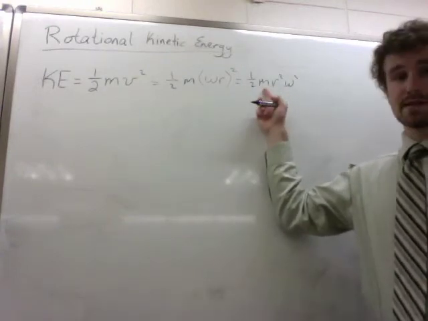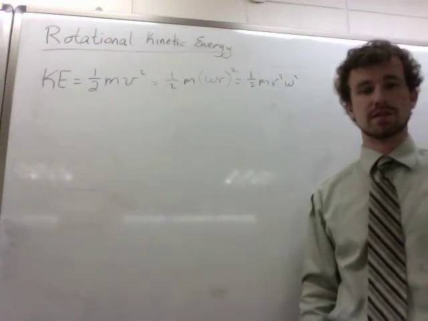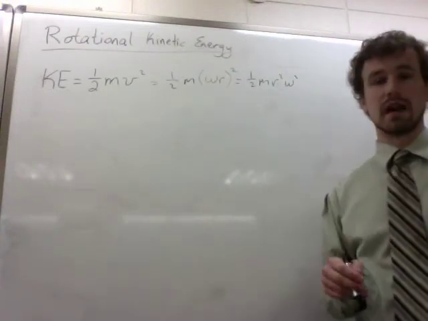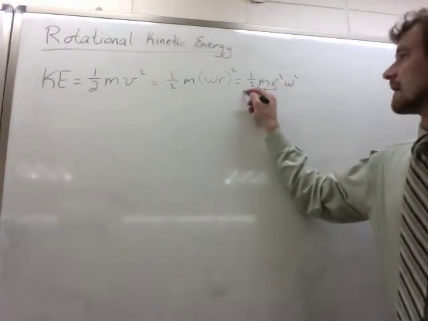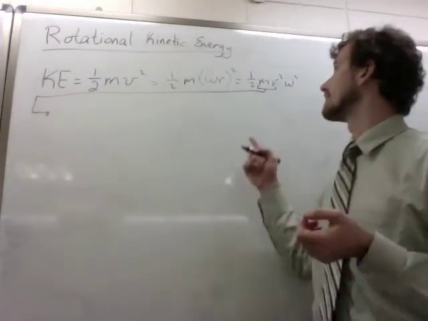It's related to the mass. It's also related to r, the distance the object is from what's called the axis of rotation, and the angular speed. Now, this mr squared is a particularly important quantity when we're talking about rotational stuff.